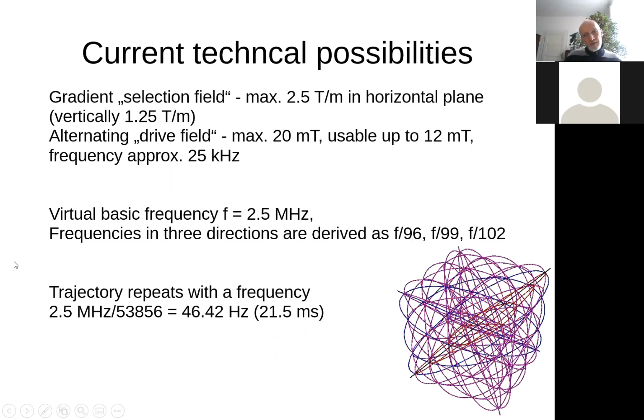So the current technical possibilities which are available at our machine have these values of gradient selection field and alternating drive field, this is the amplitude, but what I want to speak about now is mainly the frequency.